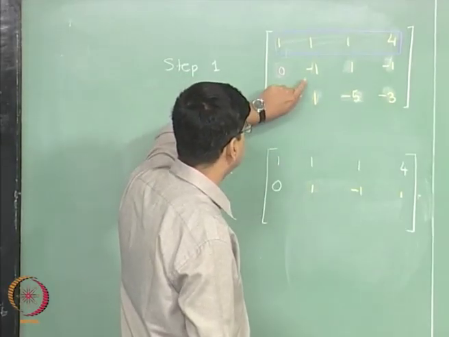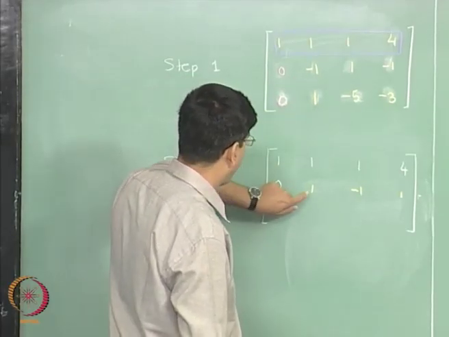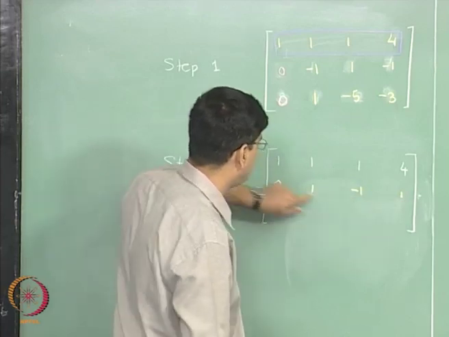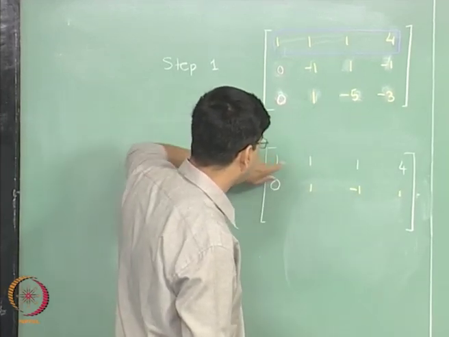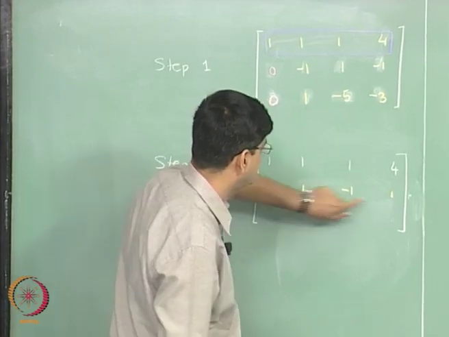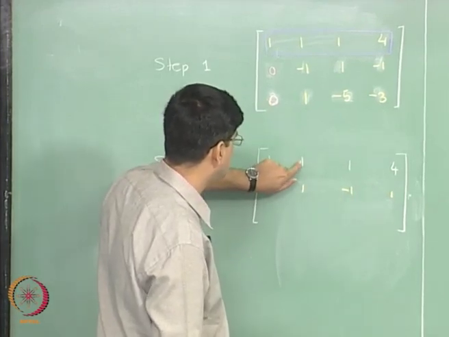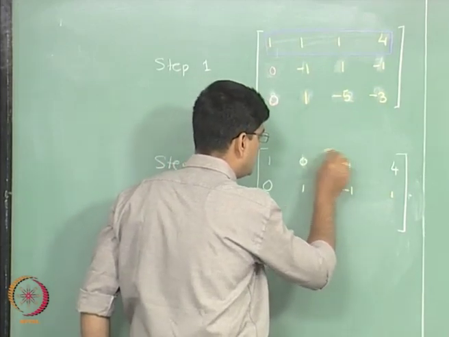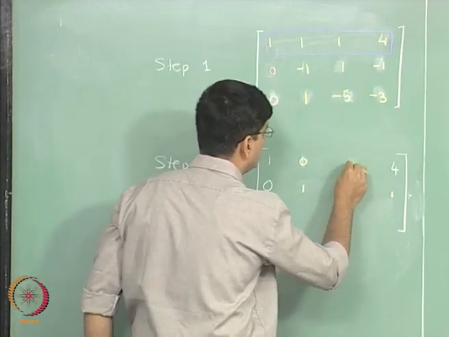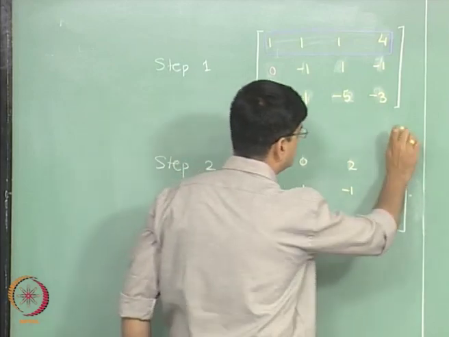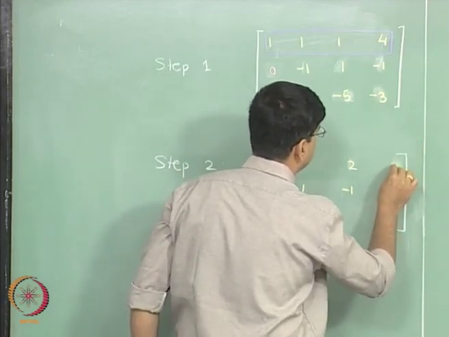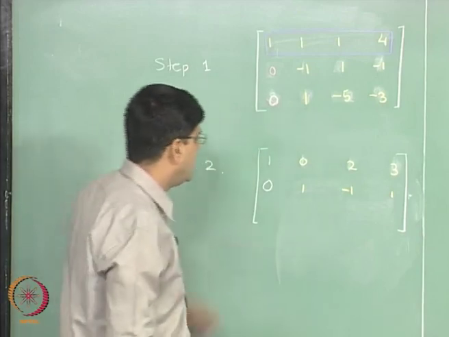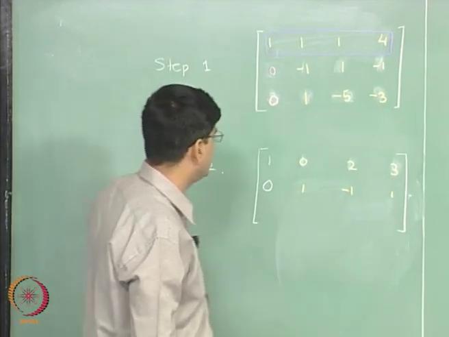Once we have this particular row, we will subtract this equation from this particular equation. So this term is going to become 0, this is going to be 2, and this is going to be 3. Likewise the row below has also been changed.